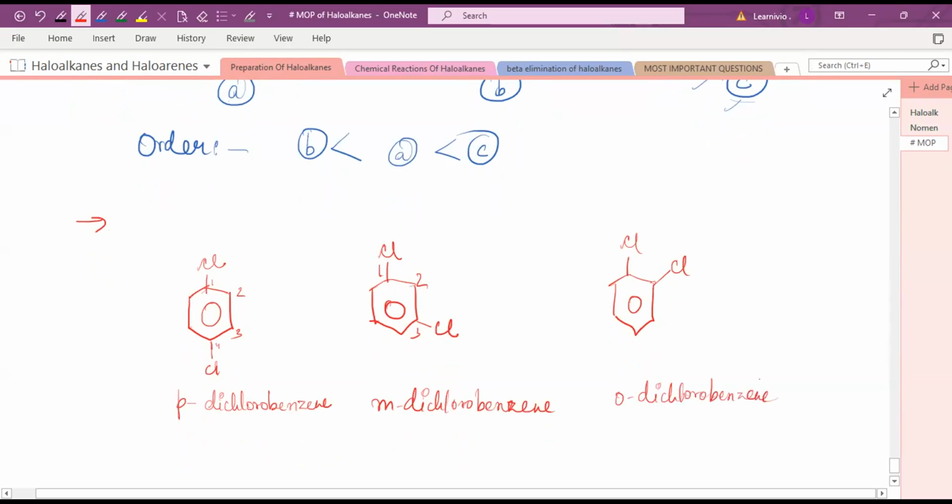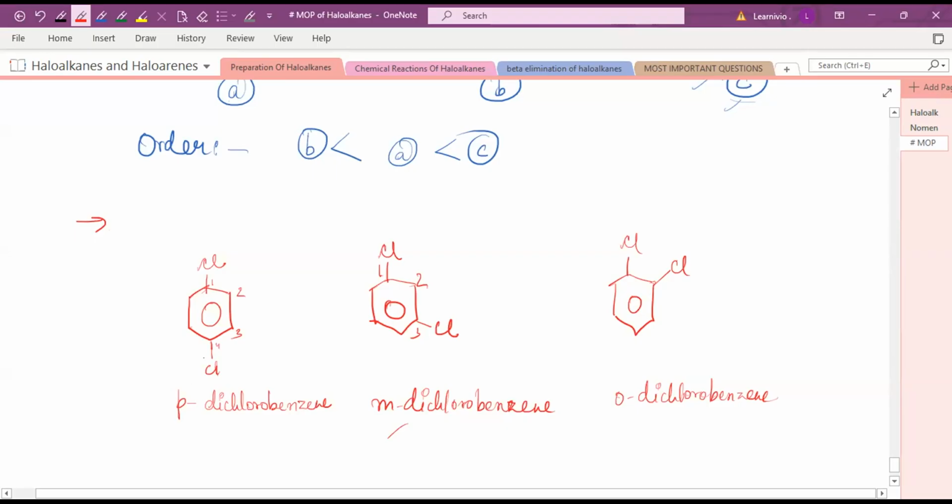Now when we talk about the melting point of these three, basically the melting point of para dihalobenzene, whether the halogen is chlorine, fluorine, bromine, iodine, anything, is always higher than that of ortho and meta. Why? Because the symmetrical structure is there, right?